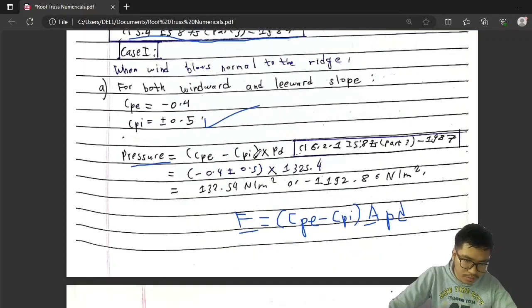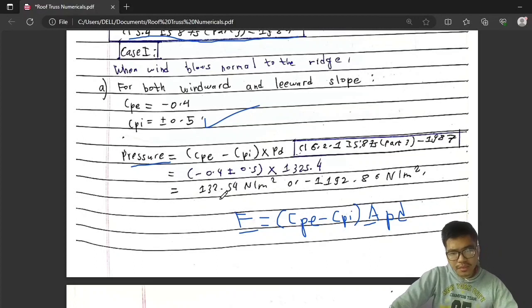So taking positive sign, pressure is 132.54 Newton per meter square, and taking negative sign, pressure is minus 1192.86 Newton per meter square.